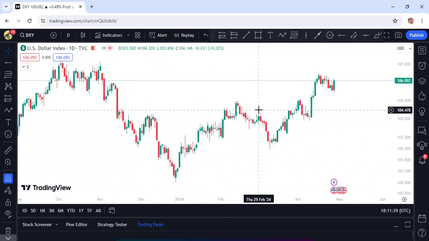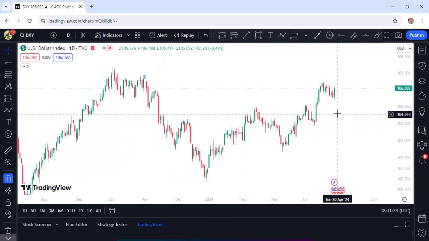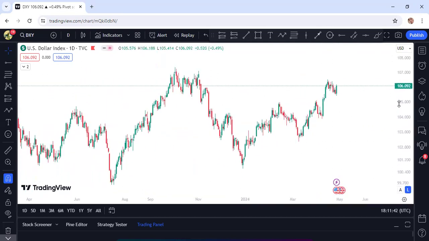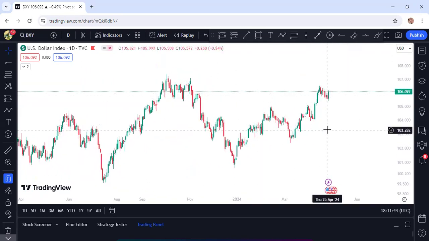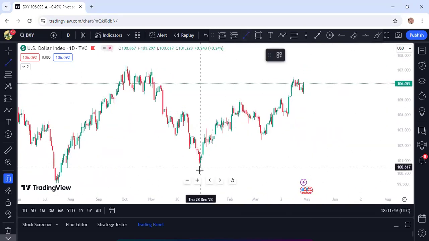So I'll start my analysis with the DXY. I always like to start my analysis from the daily time frame to get a bigger picture of the market. On the daily time frame, we can see DXY is extremely bullish. So we'll connect our trend lines on the lows.